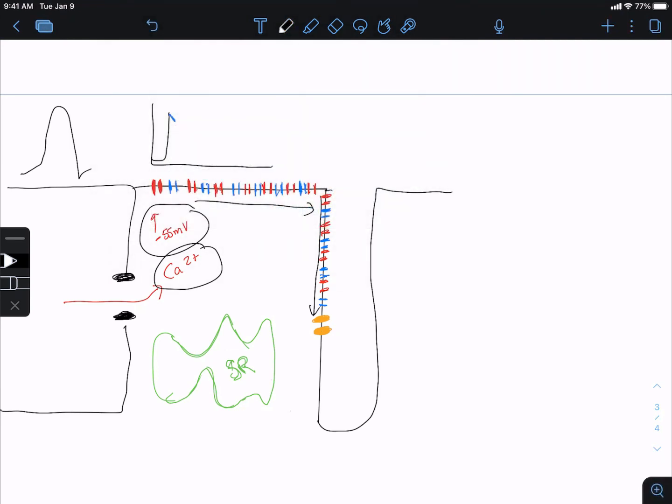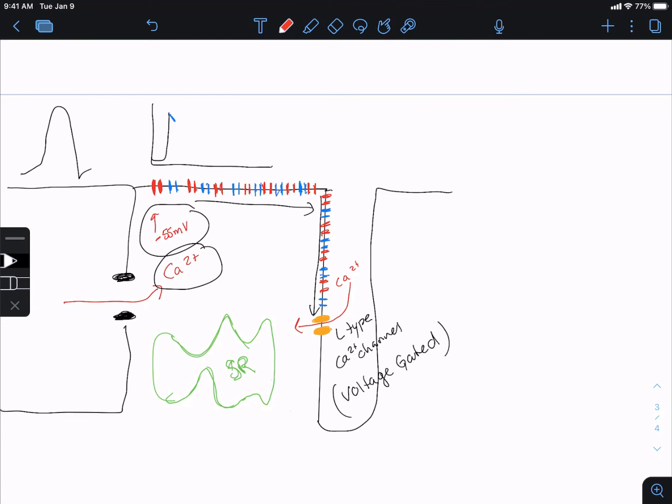And this L-type calcium channel is voltage gated, and so it's going to be opened by the action potential, and not surprisingly it's going to allow calcium from the extracellular fluid into my sarcoplasm.